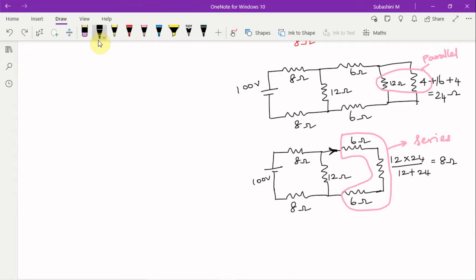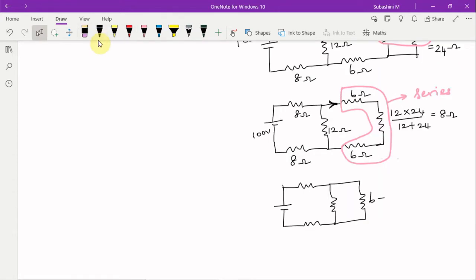So these three resistors are in series. Reducing, 6 plus 8 plus 6 gives 20 ohms. So here we have 12 ohms, here 8 ohms, and the supply voltage of 100 volts.